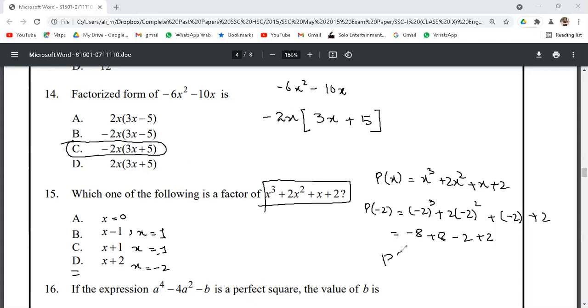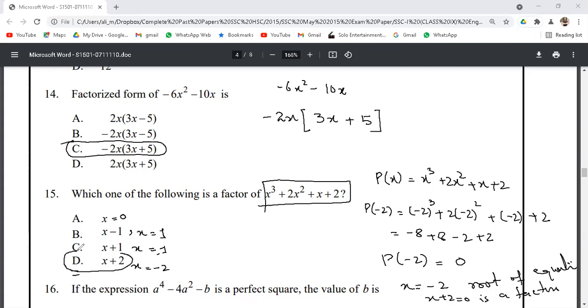So this polynomial becomes 0 at x is equal to minus 2. This means that x is equal to minus 2 is the root of this equation, and x plus 2 is equal to 0 is a factor of this polynomial expression. So the correct option is option D.